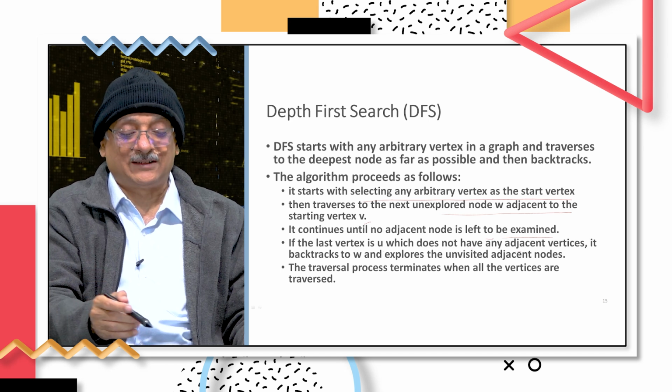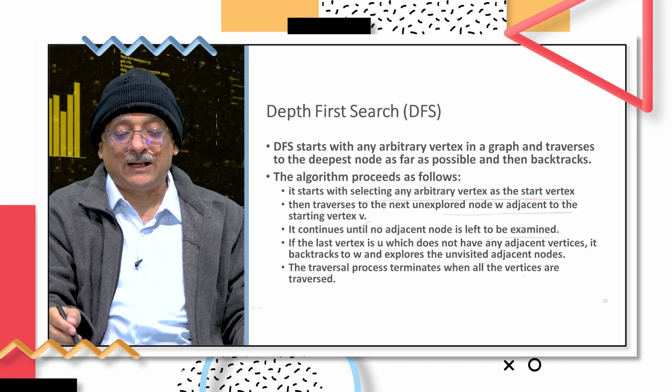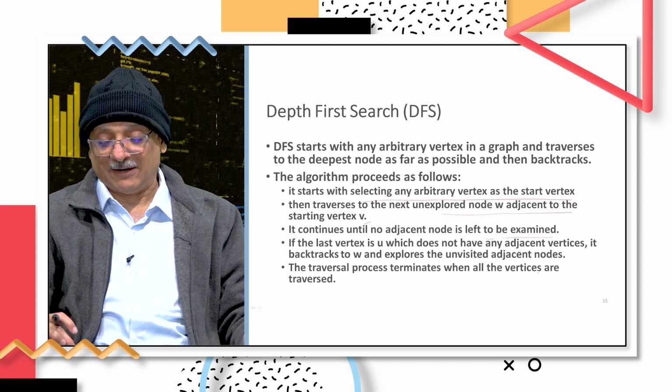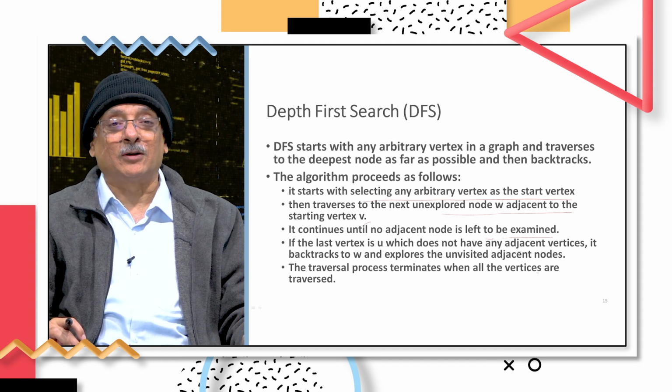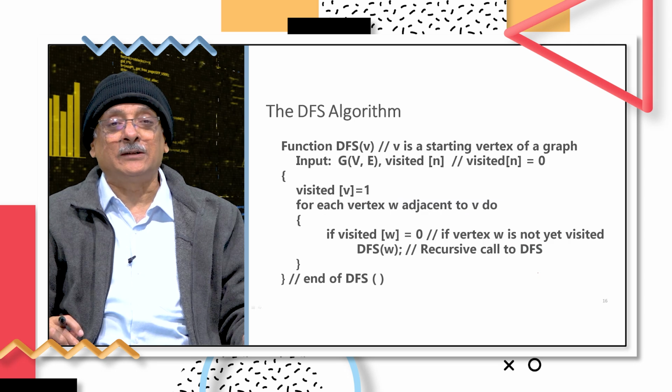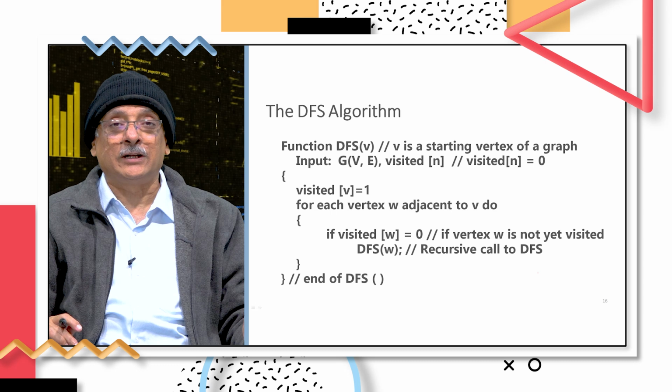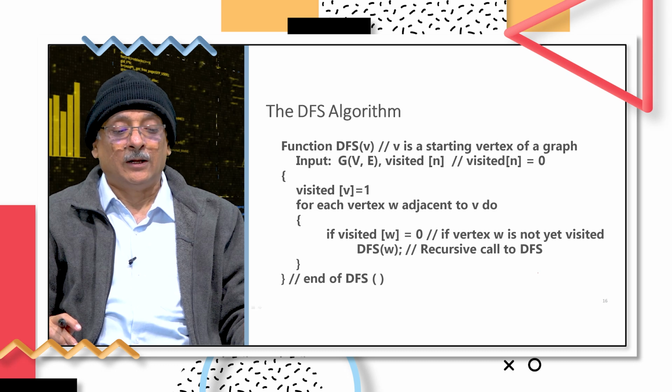The traversal process terminates when all the vertices are traversed. This is a very simple process. Let us look into the DFS algorithm and then look at one example of it.